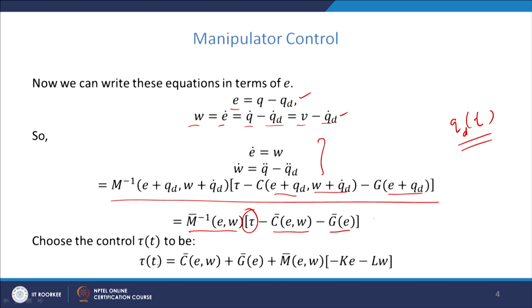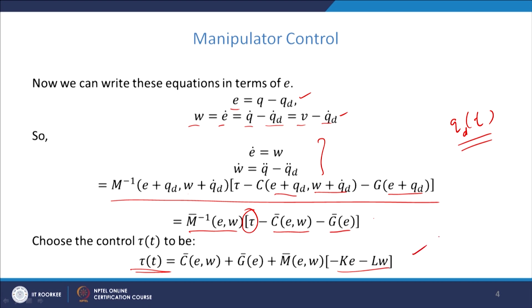So, we can define this torque or the control in this form, that is C bar EW plus G bar E plus M bar multiplied by minus KE minus LW.